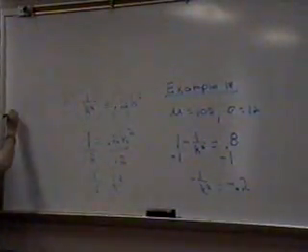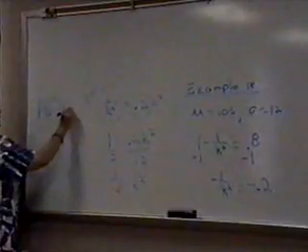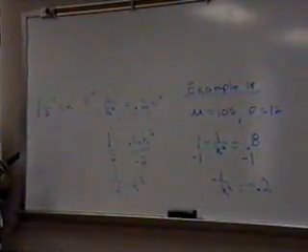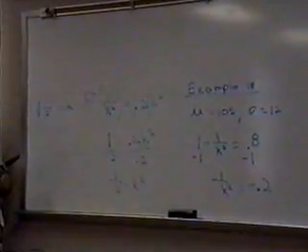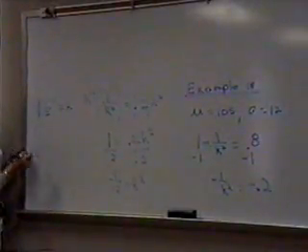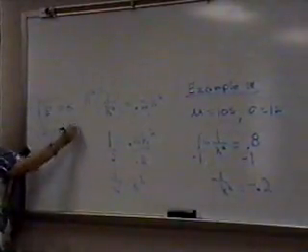Then all I have to do is take the square root. The square root of 1 divided by 0.2 equals k. On your calculator, make sure you go 1 divided by 0.2 and hit an equal. 1 divided by 0.2 is 5. Then take the square root of that number. So I get 2.23 is k.